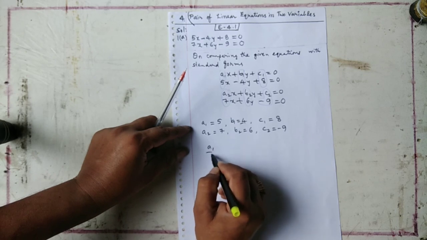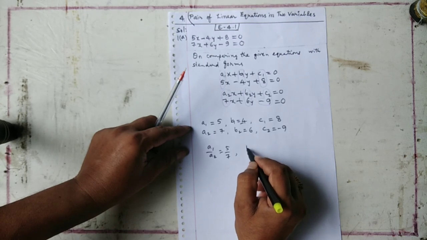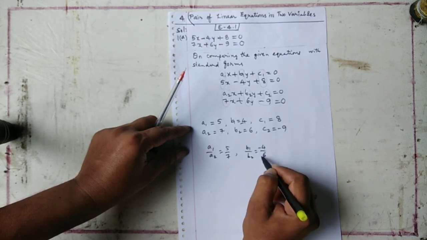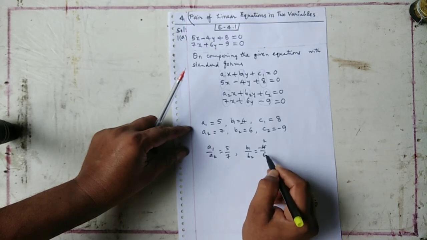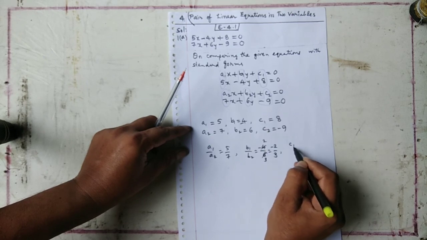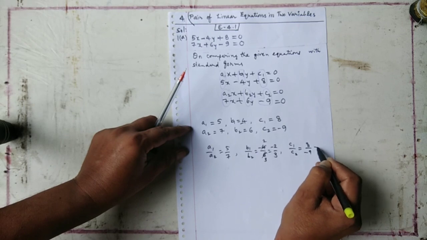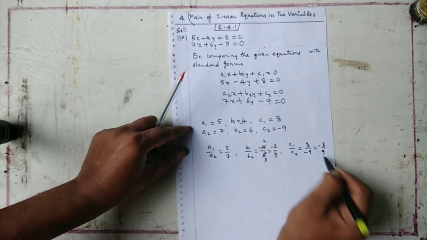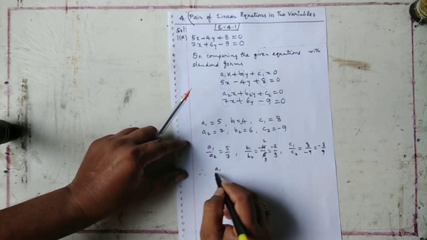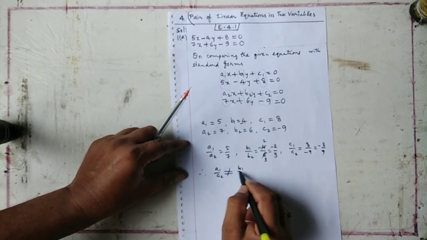Now a1 by a2 is equal to 5 by 7. b1 by b2 is equal to minus 4 by 6, that is minus 2 by 3. c1 by c2 is equal to 8 by minus 9, that is equal to minus 8 by 9. Therefore, a1 by a2 is not equal to b1 by b2.